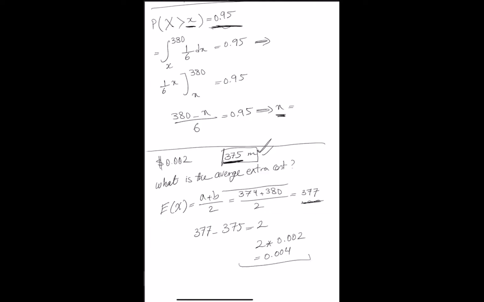So this is basically the cost that the company is paying on each shampoo that they are producing, because the average volume of the shampoo is 377. However, the target value is 375. So they are paying a little cost on these extra fillings that they do, and that cost is $0.004.